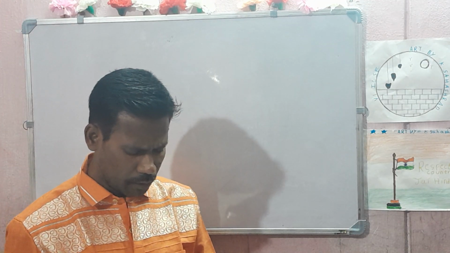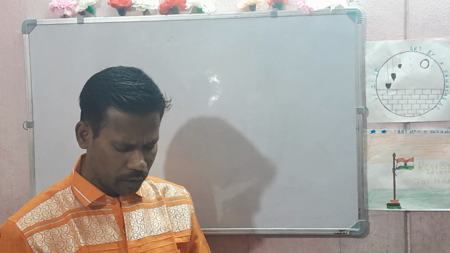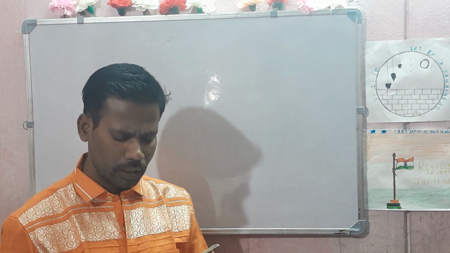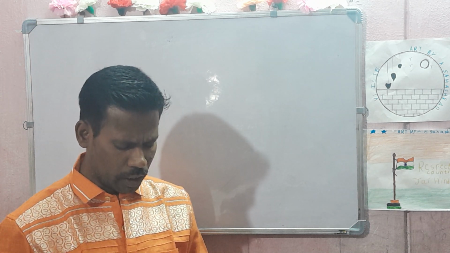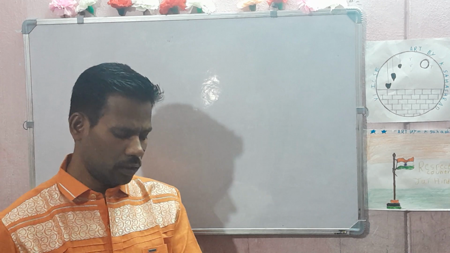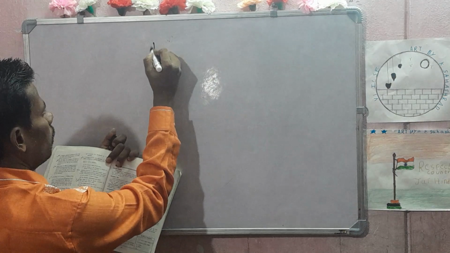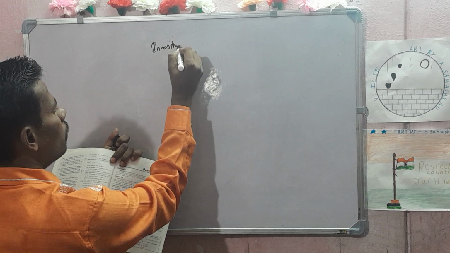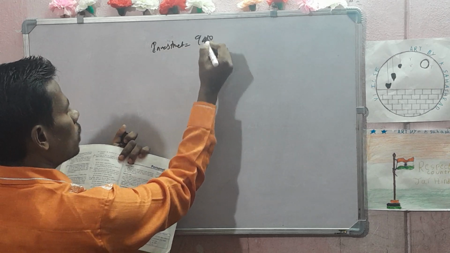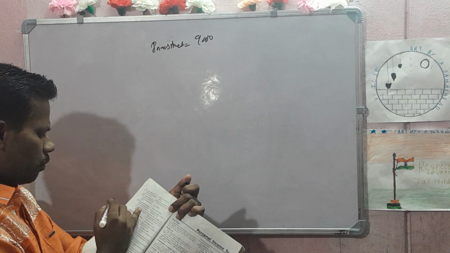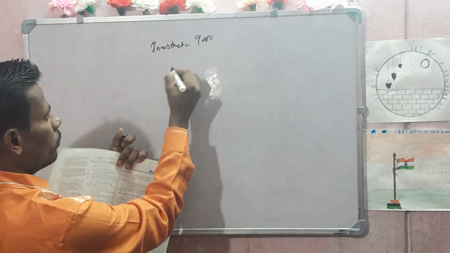Next one. Mukul invests rupees 9,000 in a company paying dividend 6% per annum when a face value of shares stands at rupees 150. What is his annual income? So this is also a straightforward question. Mukul invests 9,000. Dividend is 6% per annum.